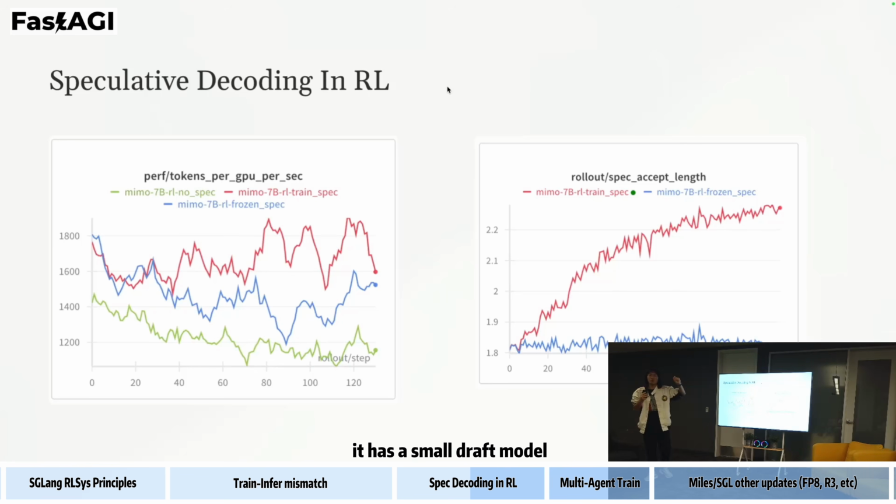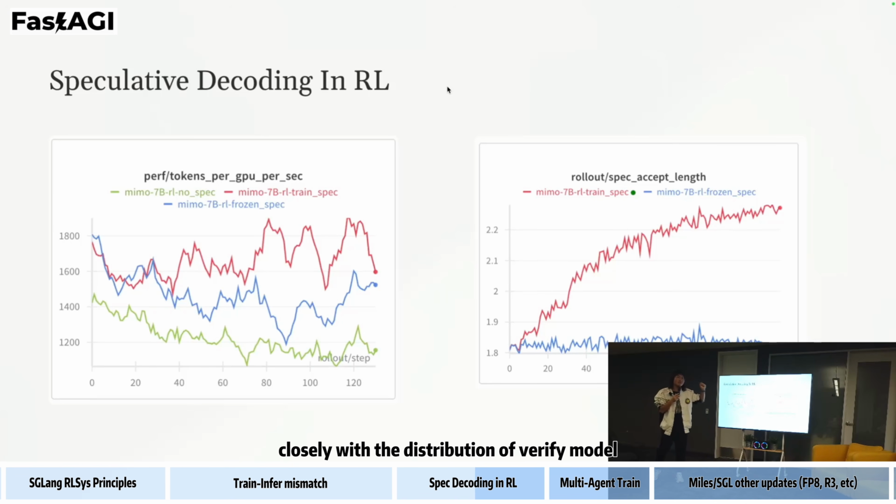It has a small draft model and a large verify model. To make it quick, we should make sure that the distribution of the draft model aligns closely with the distribution of the verify model. If the distribution gradually shifts, then speculative decoding does not make sense, because if your draft model's output keeps being rejected, it does not accelerate anything. So coming back, we have enabled SGLang's speculative decoding in RL, and this gives the blue line.